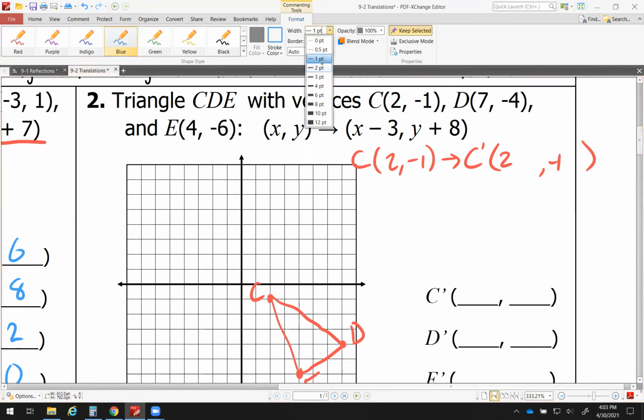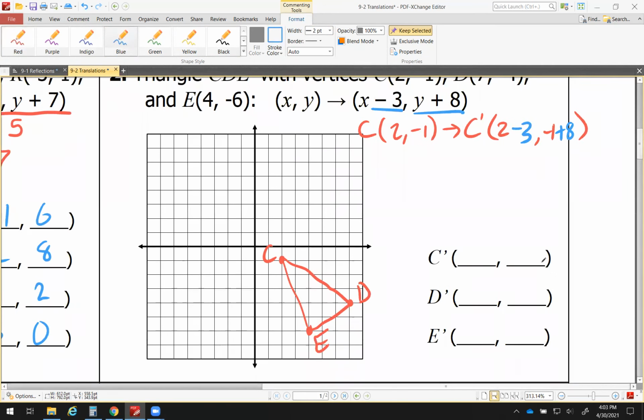So C prime is at 2 - 3 equals -1, and -1 plus 8 equals 7. And I can just go ahead and plot that point. -1, 7 is up there. There's C prime.